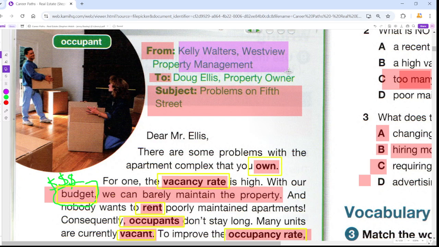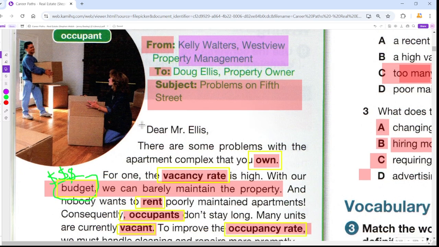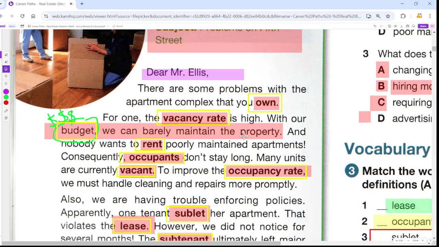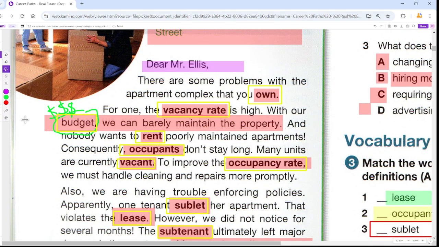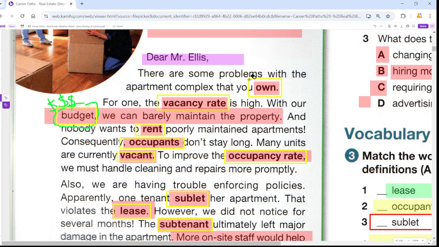Subject: Problems on 5th Street. Dear Mr. Ellis, there are some problems with the apartment complex that you own. For one, the vacancy rate is high. With our budget, we can barely maintain the property. And nobody wants to rent poorly maintained apartments. Consequently, occupants don't stay long. Many units are currently vacant.